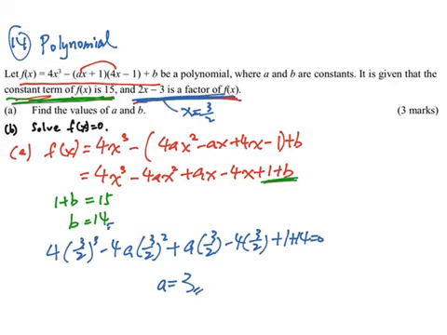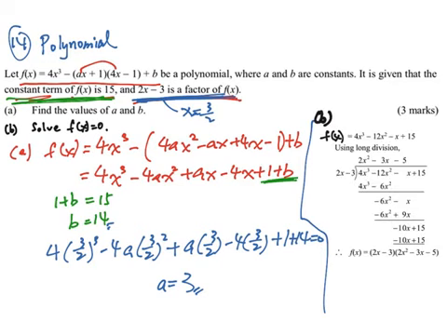For part B, we need to solve f(x) equal to 0. We need to put the value of a and b into the polynomial. Then we can get this f(x). And then we'll do the long division, divide by 2x minus 3.